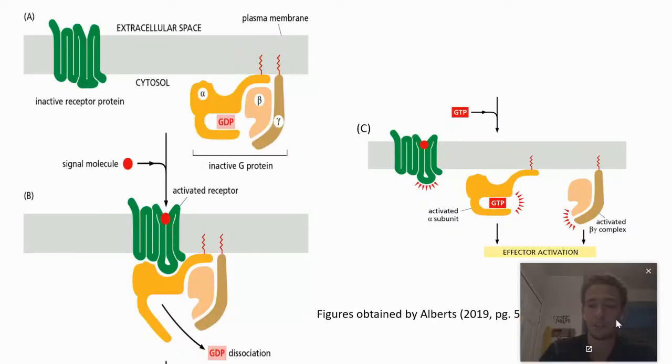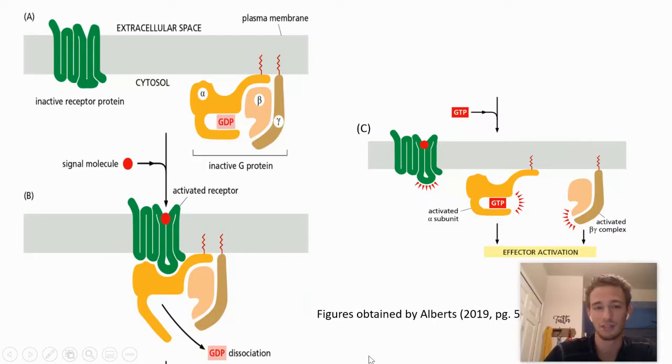Now, let's talk a little bit more about the activation of these G proteins. Once a signaling molecule binds with the G protein coupled receptor and activates it, so anytime something binds in biology, some sort of conformational change, a physical change, happens in that receptor, and then it does something else.